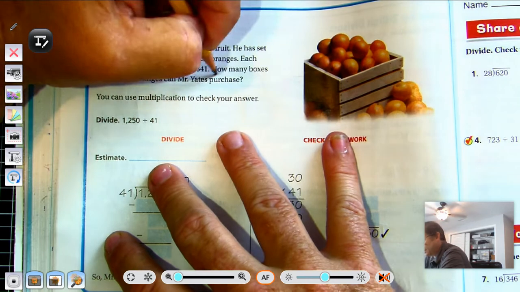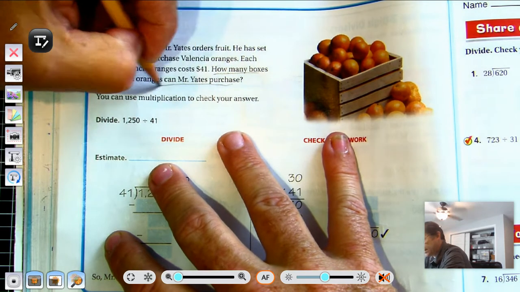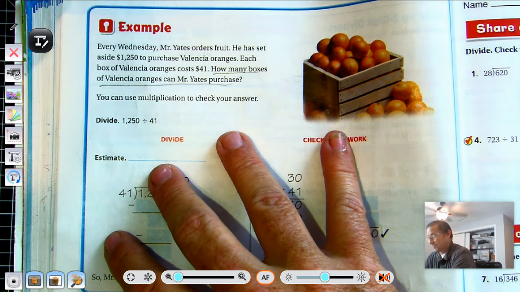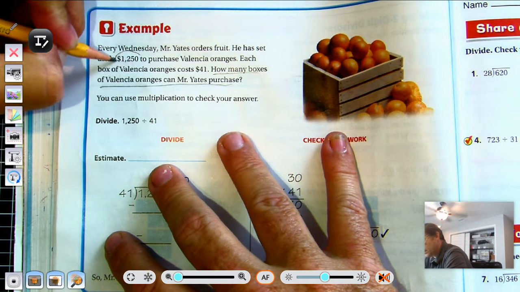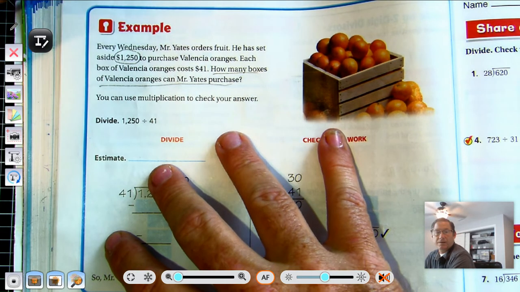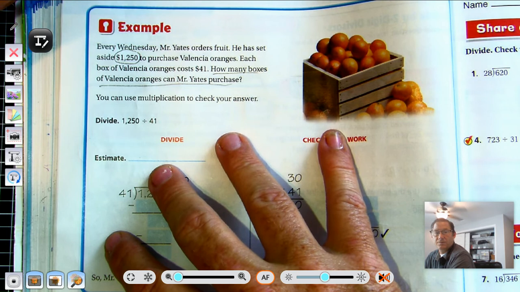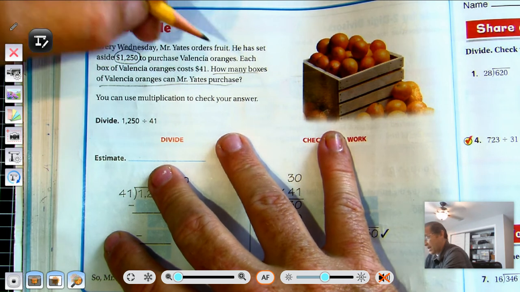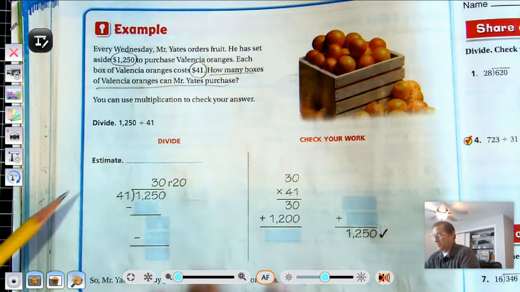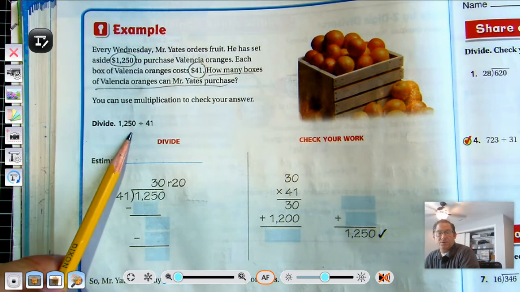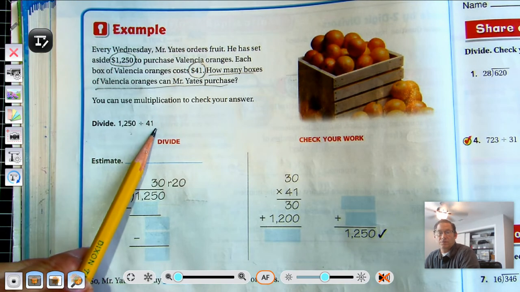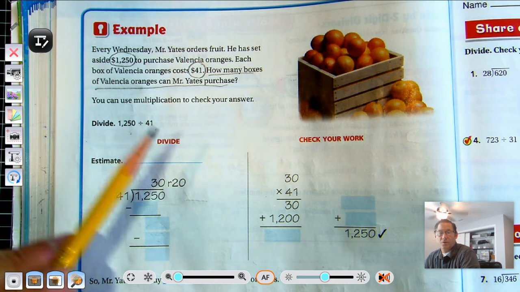How many boxes of Valencia oranges can Mr. Yates purchase? Right, so he has $1,250 to spend on oranges. A box costs $41. So we need to share the $1,250 in sets of 41.